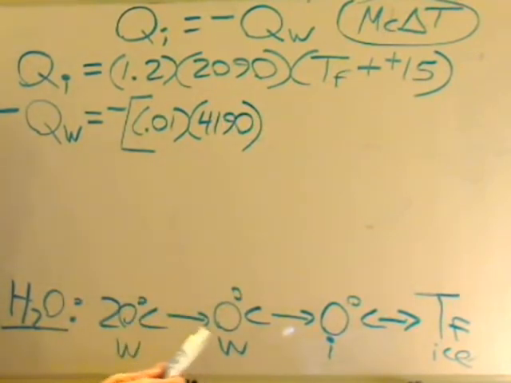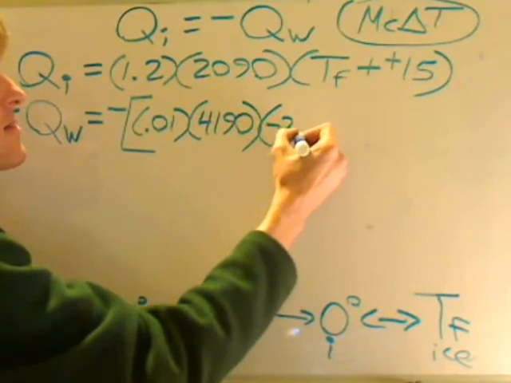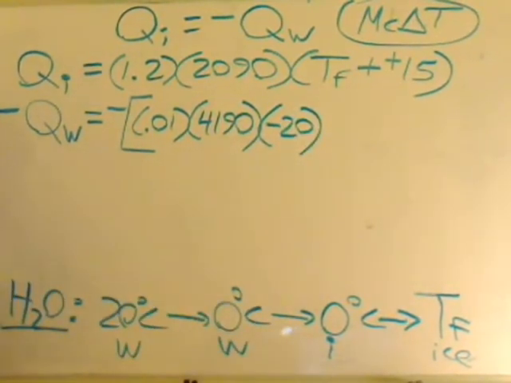Delta T, our final temperature is 0, initial temperature is 20, so that gives us minus 20 for delta T. Temperature has cooled by 20 degrees. So that's our first stage, this stage right here.